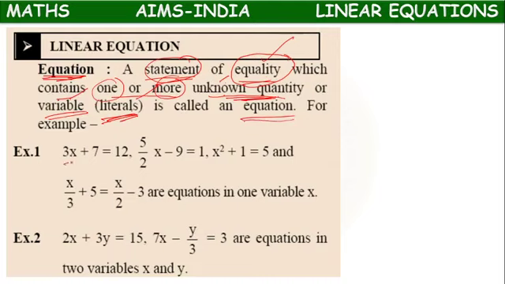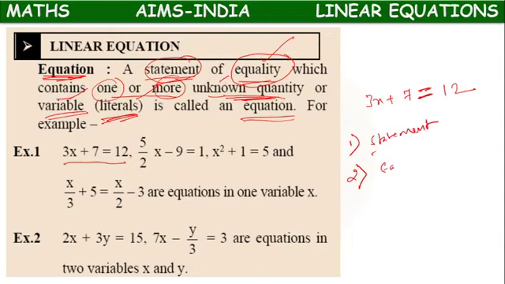For example, 3x plus 7 equals 12. Here, as we have an equality sign, first, it's a mathematical statement.